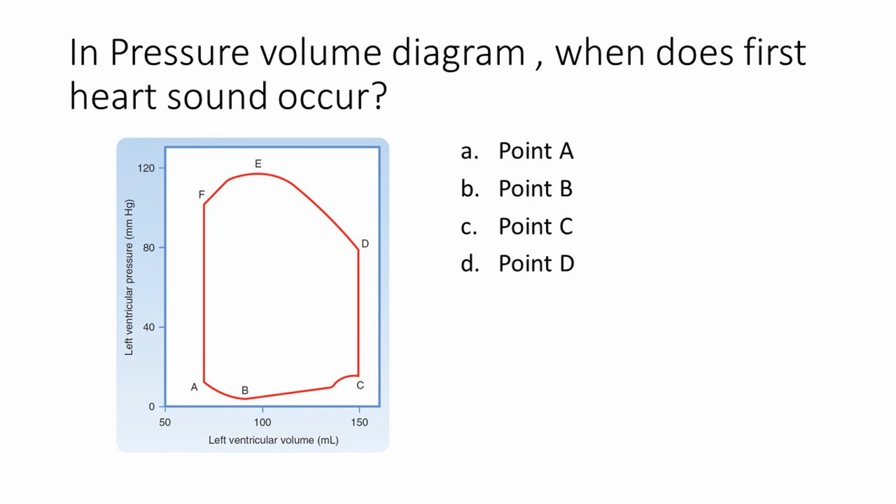So the first heart sound occurs because of the closure of the mitral valve, and closure of the mitral valve occurs at the end of the filling phase, and here the filling phase is AC. So at point C, closure of the mitral valve occurs, which produces the first heart sound. So the answer is point C.